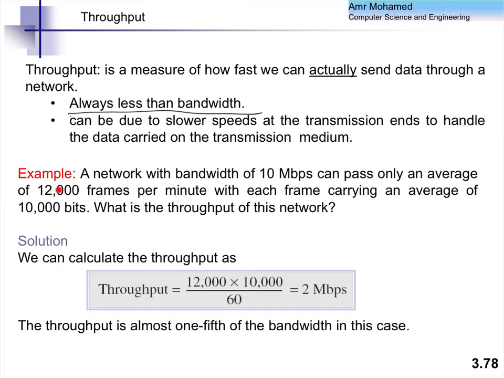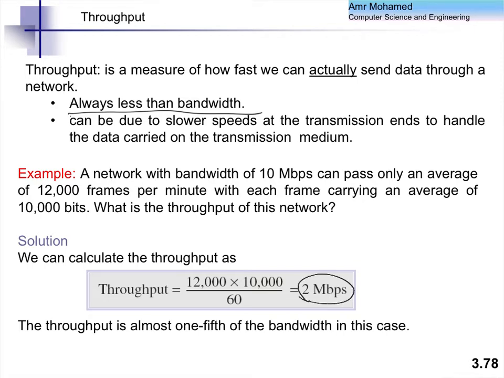10,000 bits. So in that case, we multiply the number of frames by the number of bits per frame, divided by 60, to get the actual number of bits that we can send over this network per second, which is 2 megabits per second.